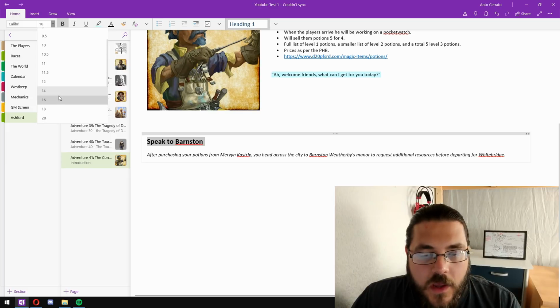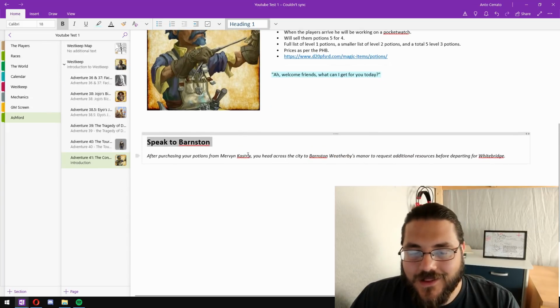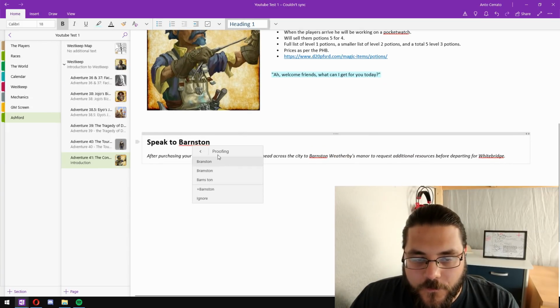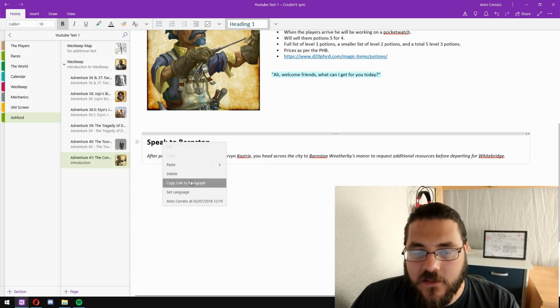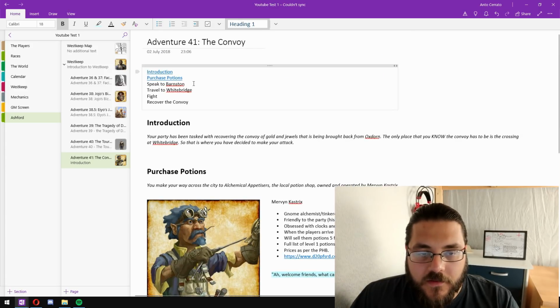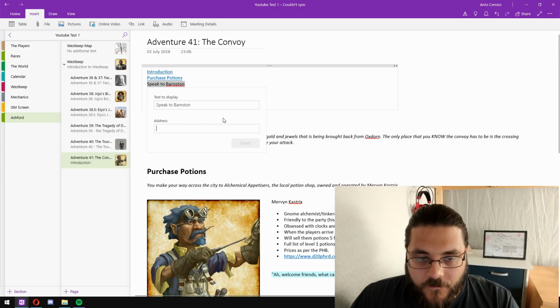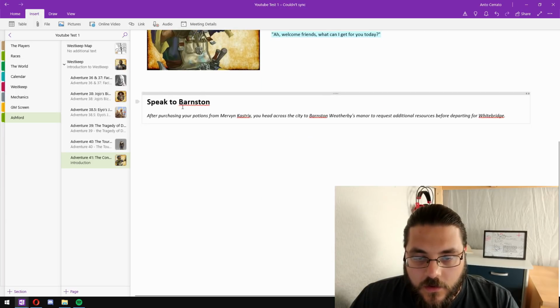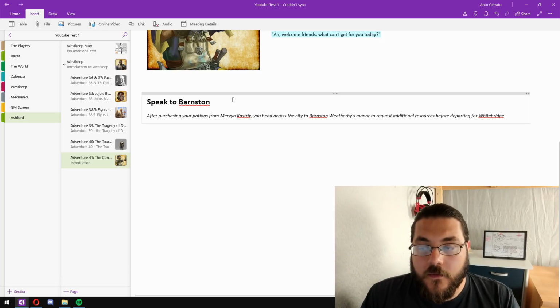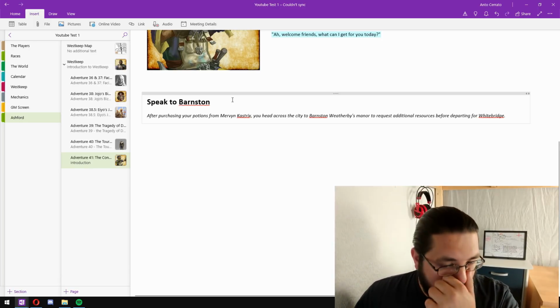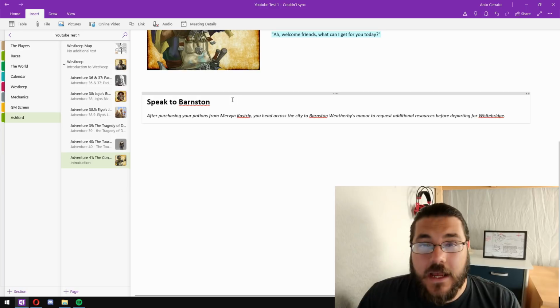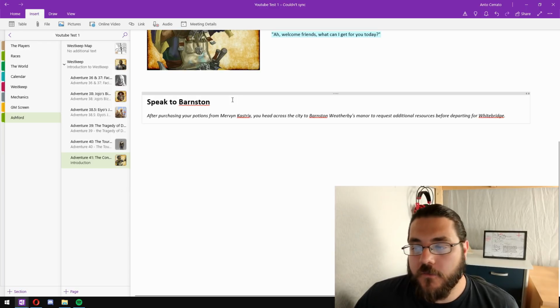And that's what a lot of my planning style is, putting things there if I need them, because I run a fairly improvising game. I might not read it out word for word, but it's there if I need it, and that's how I plan a lot of my sessions.